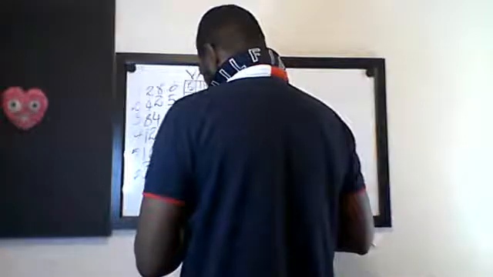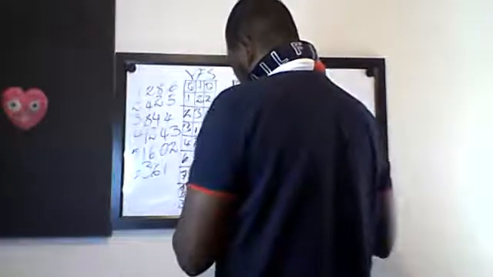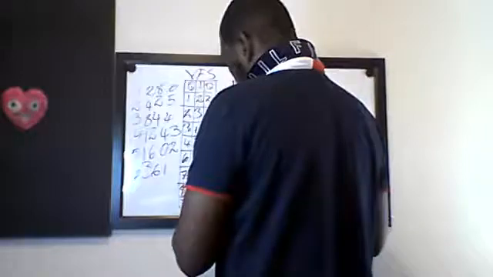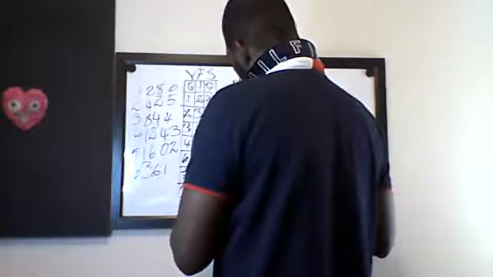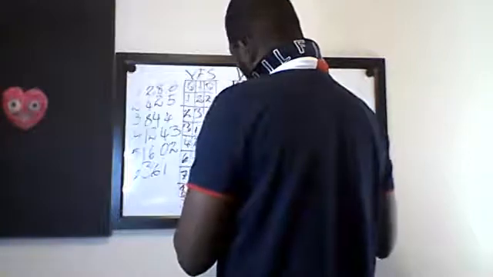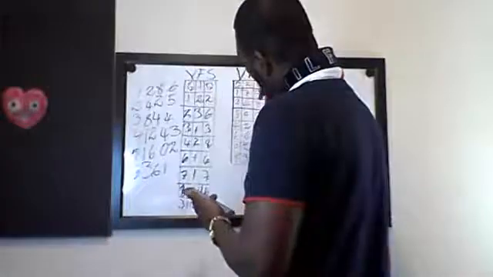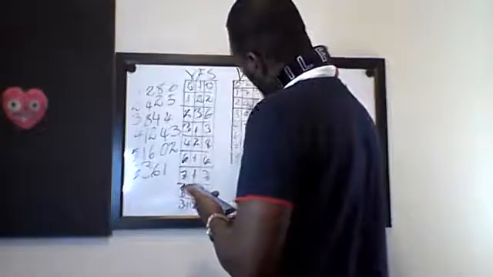Okay. Now 8, press 7, 15, press 6, 21, press 4, press 3, press 2, press 1. Still gives me 31, because 5 is still missing, 9 is still missing.